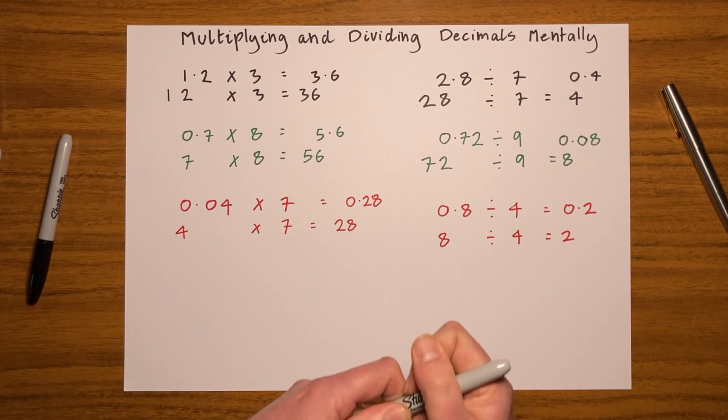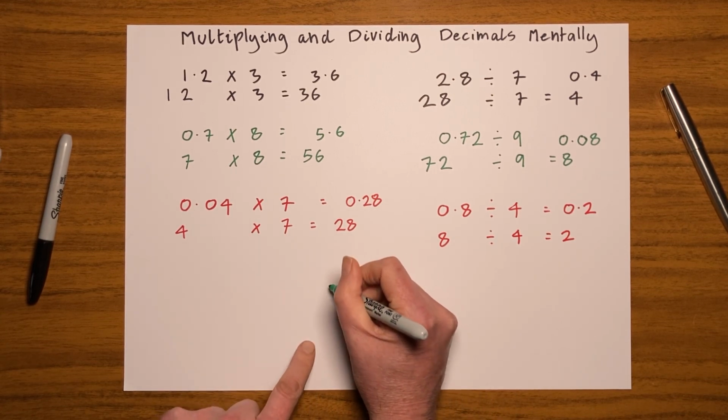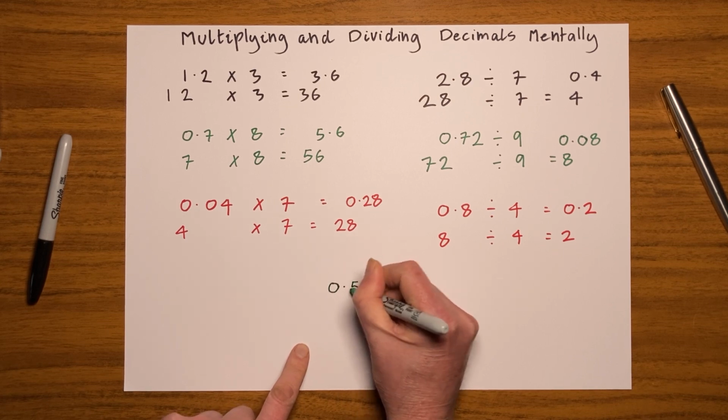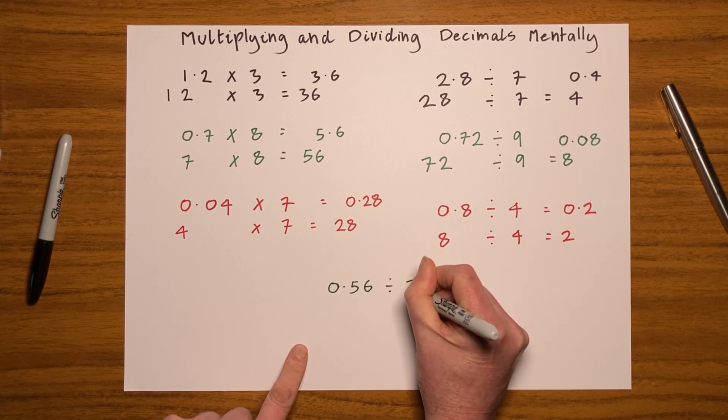Why don't we just do one more for luck while we are here? Down at the bottom, I think I'll go for green. Let's go for 0.56 divided by 7.